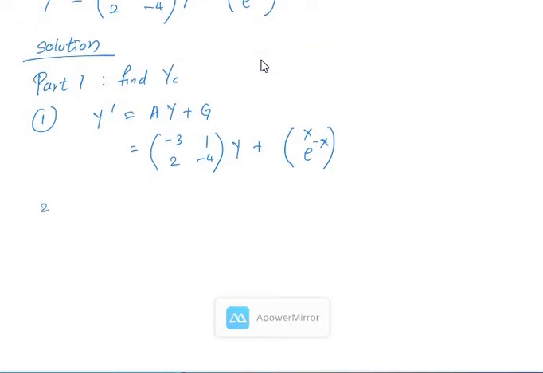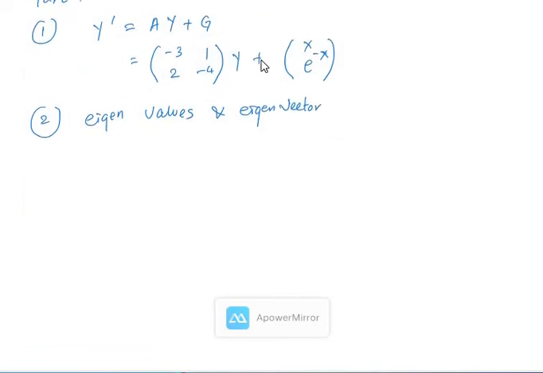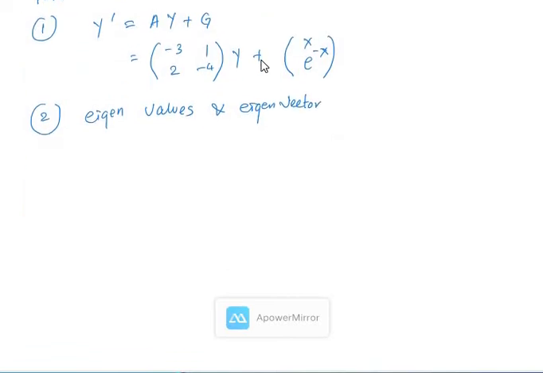And then the second step is to find the eigenvalue and the eigenvector. Okay, so from the matrix, you have -3, 1, 2, and -4. Again, only these two values will have to be minus lambda.